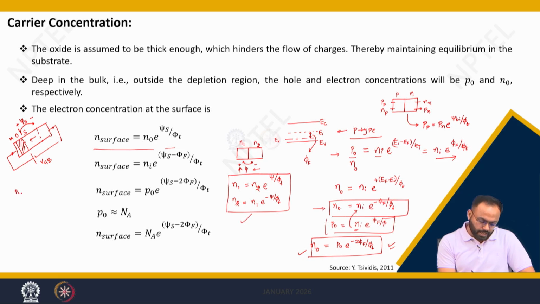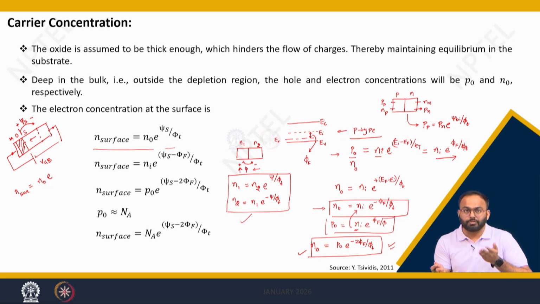So I am writing an equation for the electron concentration, which is separated by a surface potential. N surface is equal to n0, the concentration at the bulk, into the positive exponent, because N surface will be higher compared to n0, the minority carrier at the bulk.